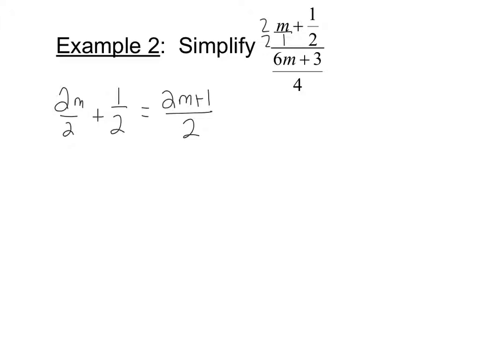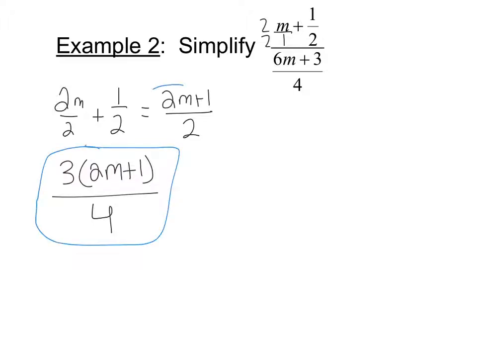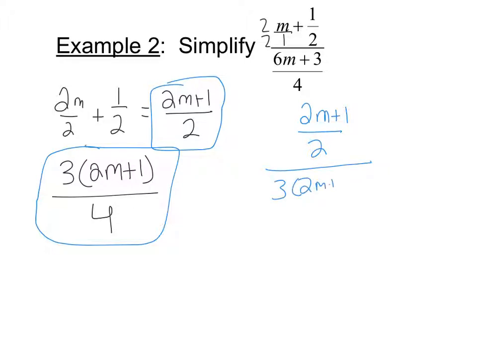Okay? Now if I look at the bottom, it's not simplify, it's also factor. So there's nothing I can add or subtract, but is there anything I could factor out? Yeah, there's a 3. So watch what I do. So right now, here's the bottom, here's the top, so rewrite it. 2m plus 1 over 2 divided by 3 times 2m plus 1 over 4.